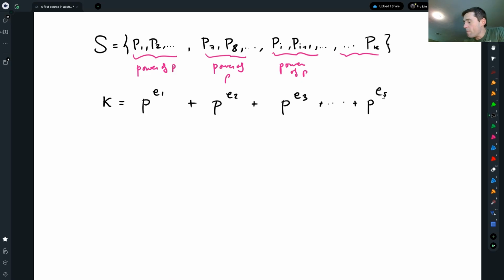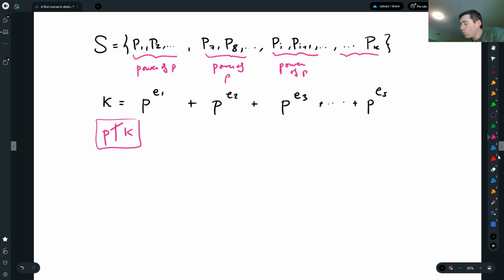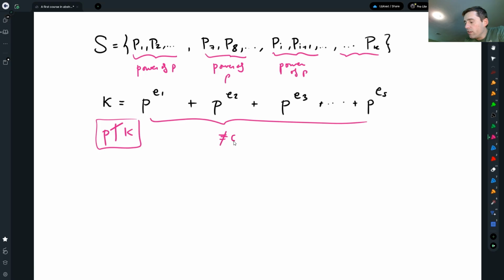But now remember that p does not divide k. That's the first thing we proved in this proof. So this is not zero modulo p, but the only way this is non-zero modulo p is if one of these numbers is not a true power of p, is just the number 1.